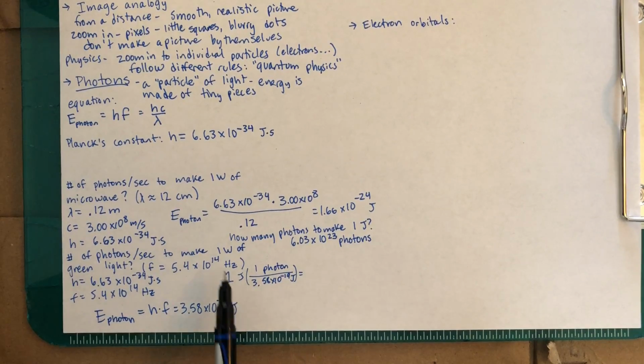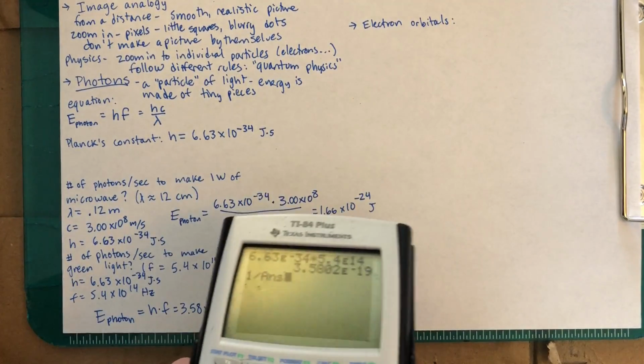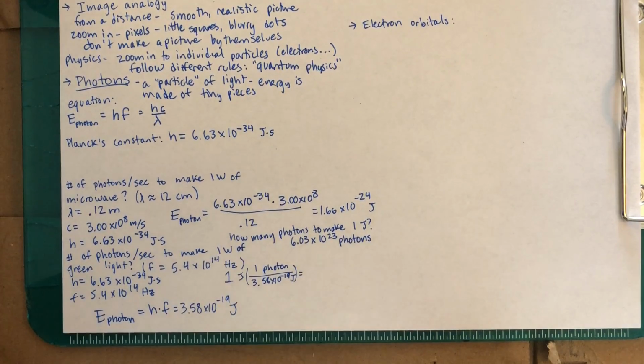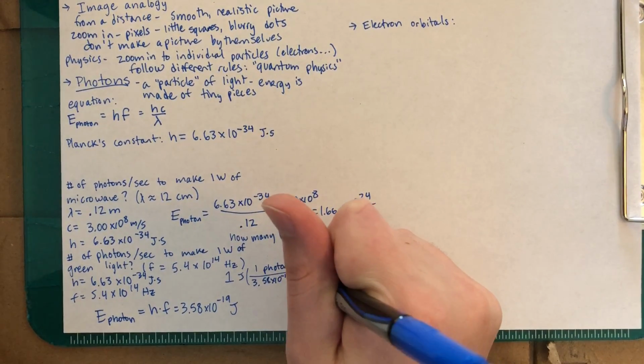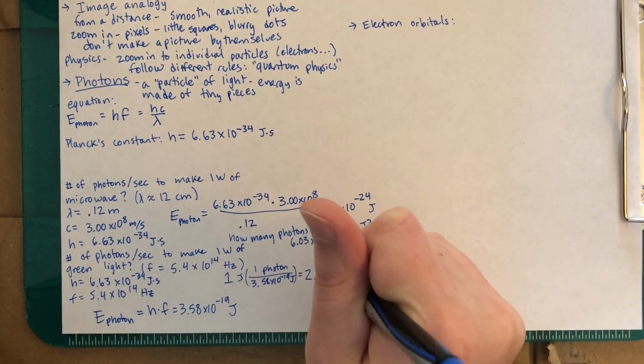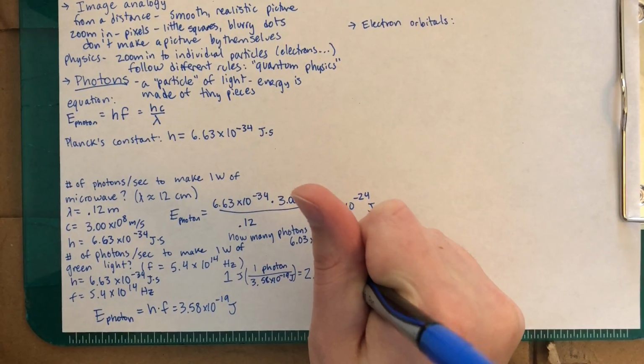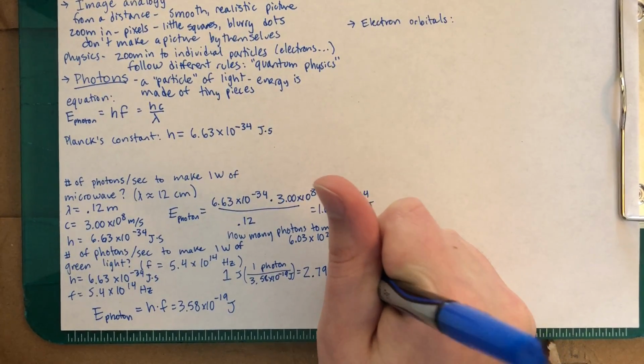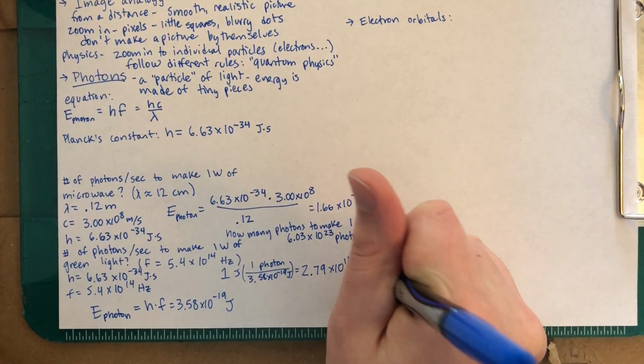And so I'm dividing 1 by this number, and I get 2.79 times 10 to the 18th photons. Okay.